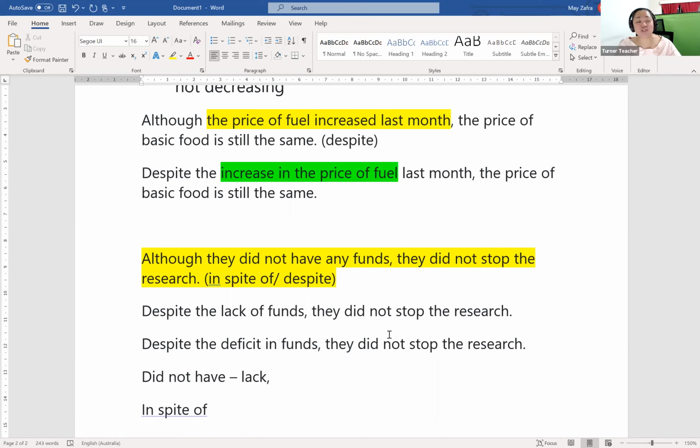"In spite of the most people are vaccinated, the number of cases are not increasing yet." Okay, Muhammad. So in spite of, "most" here is not an adjective.